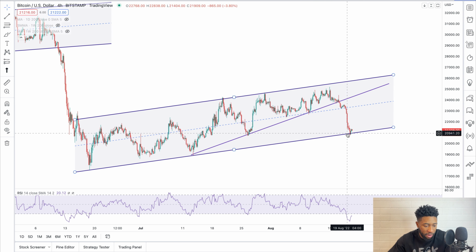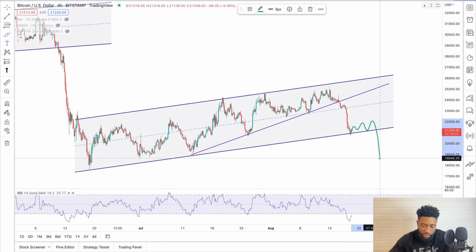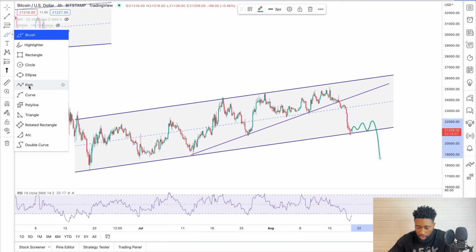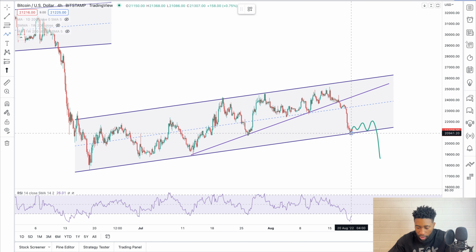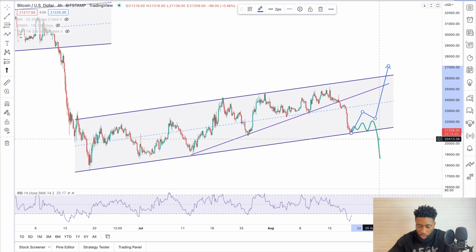So right now what I expect is some sort of a bearish consolidation, and then a continuation of this bearish move. We might also get something like this, a bullish reversal, and like this. So anything is actually possible, but I'm paying attention to the fact that we might see this other action.